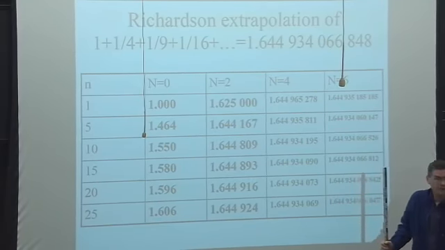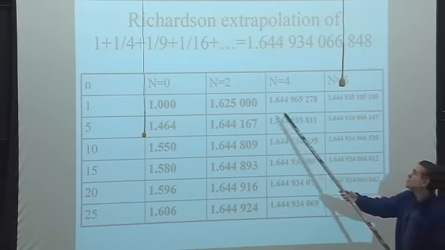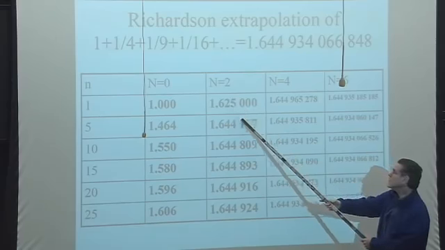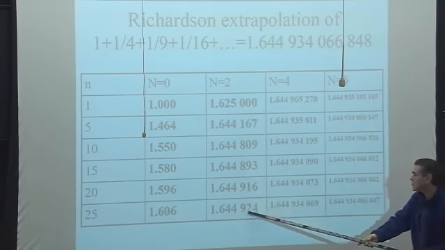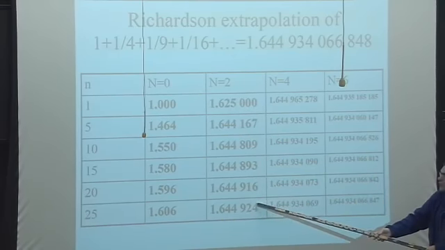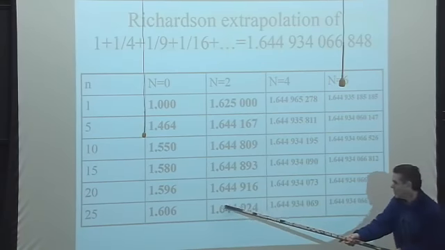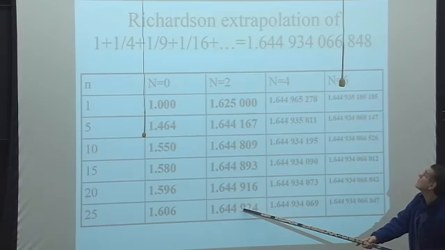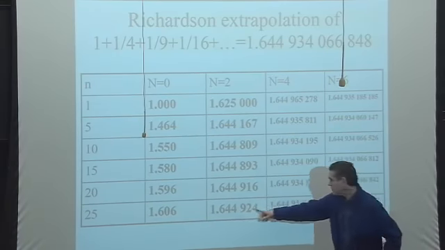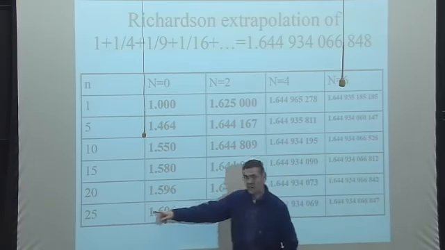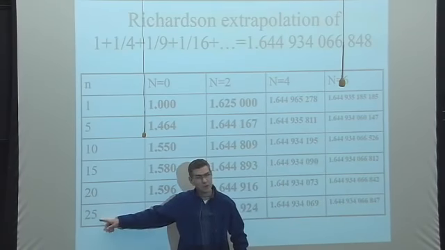That's crappy. Okay. If you do the second Richardson, one already knows the answer to one part in 6 figures, one part in a million, just from 25 terms in the series.